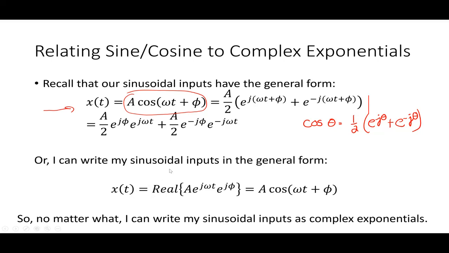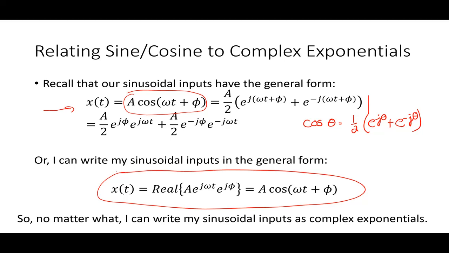Okay, so I can break my signal up into two complex exponentials, or sometimes the simpler way of writing things is to say that I can view these sinusoidal or cosinusoidal inputs as the real part of a e to the j omega t e to the j phi. To make sense of this, you would just have to expand a e to the j omega t e to the j phi, and you guys should know by now that's going to be a cosine(omega t plus phi) plus j times a sine(omega t plus phi).